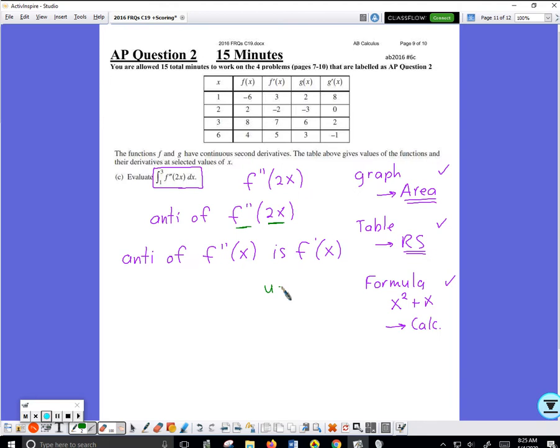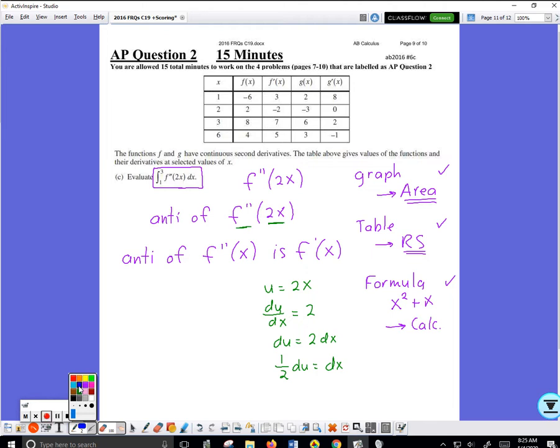So I set u equal to 2x. Therefore, the derivative of u is simply 2. Rearranging, I'm going to get du is equal to 2 dx, or 1/2 du is dx. Don't forget to change the limits whenever you do a u substitution.